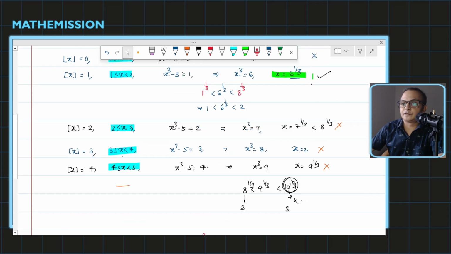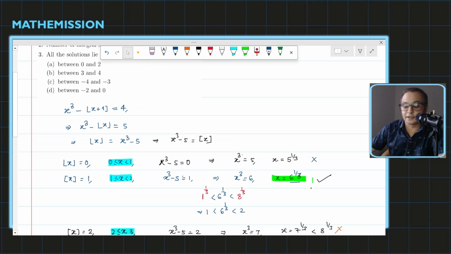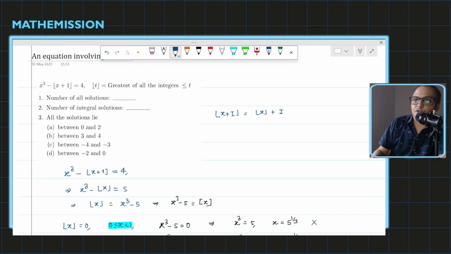So the number of total solutions, what we found here is x to the power 3 is equal to 6, so x is 6 to the power 1 by 3. So the total number of solutions is 1 only, and the number of integral solutions is 0. Now all the solutions lie between 0 and 2, between 3 and 4... So of course between 3 and 4 is not possible, between -4 and -3 is not possible, between -2 and 0 is not possible.